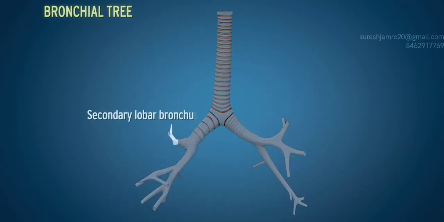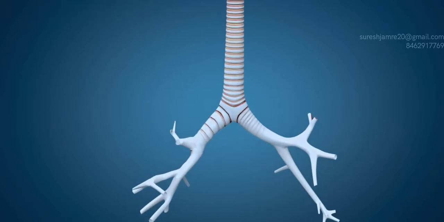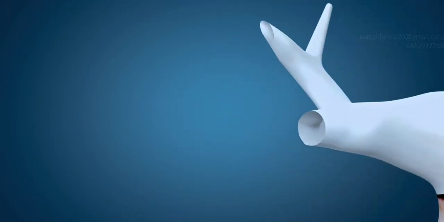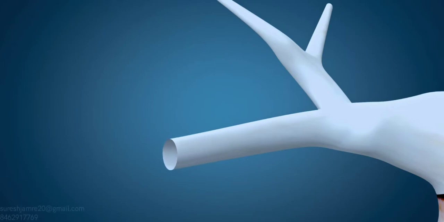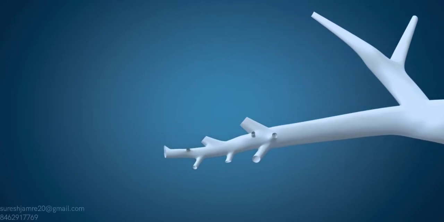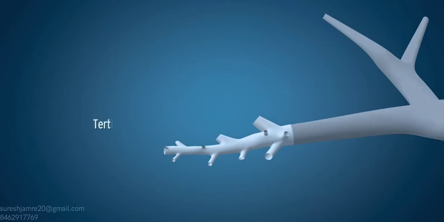Each secondary lobar bronchus will divide into tertiary or segmental bronchi, one for each bronchopulmonary segment.